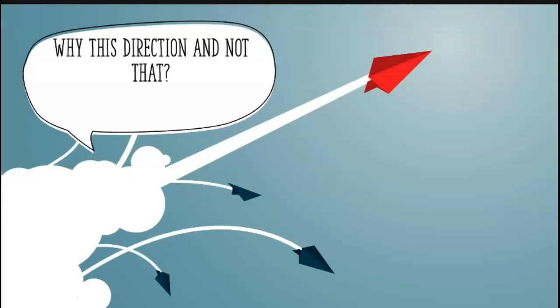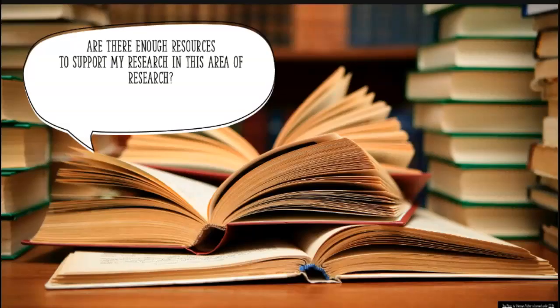At this point, you'll want to have some assurance that you've made a choice that you can live with for a while. So you'll want to reflect on, why did you choose this direction and not that direction? Doing so will help clarify in your mind your choice and settle you into moving forward with your research in that particular area.